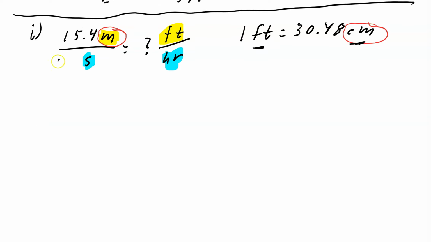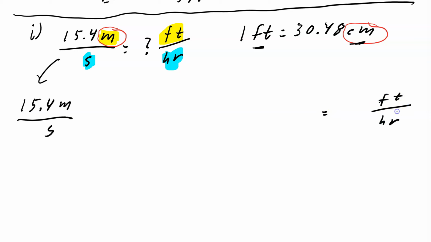Our starting point, again, as always, we're going to write our measurement given, 15.4 meters per second. Our answer is going to be in feet per hour. One or more conversion factors. As we just said, we've got to convert meters to centimeters. We know there are 100 centimeters in a meter, or you should know that.